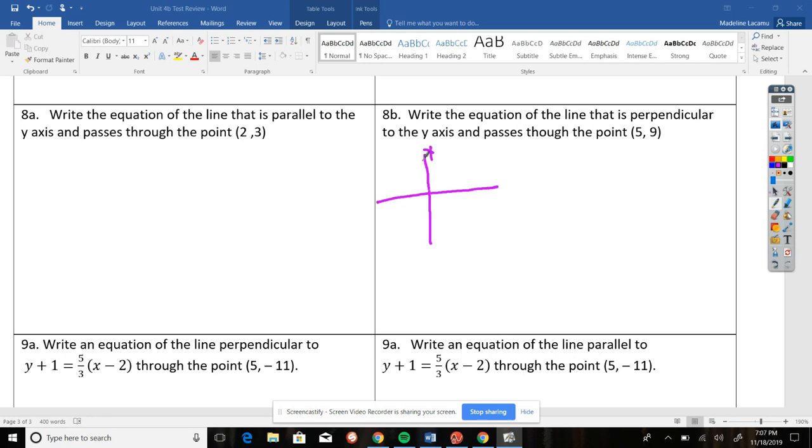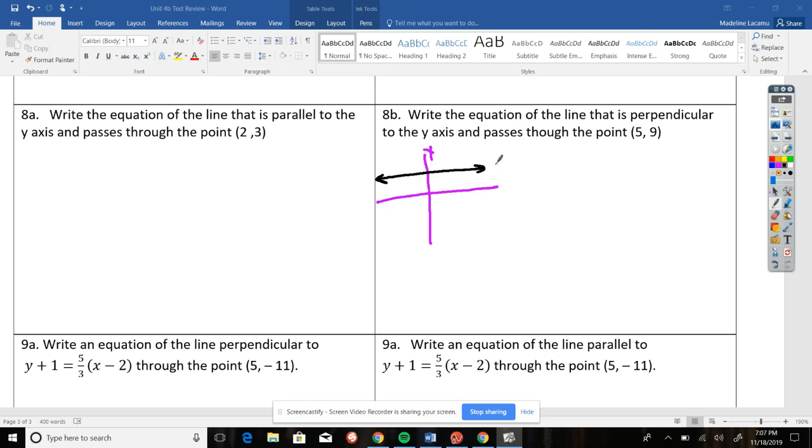So this one right here is our y-axis. And it wants something perpendicular to the y-axis. Well, a horizontal line would be perpendicular to it. So we basically need an equation that is a horizontal line.